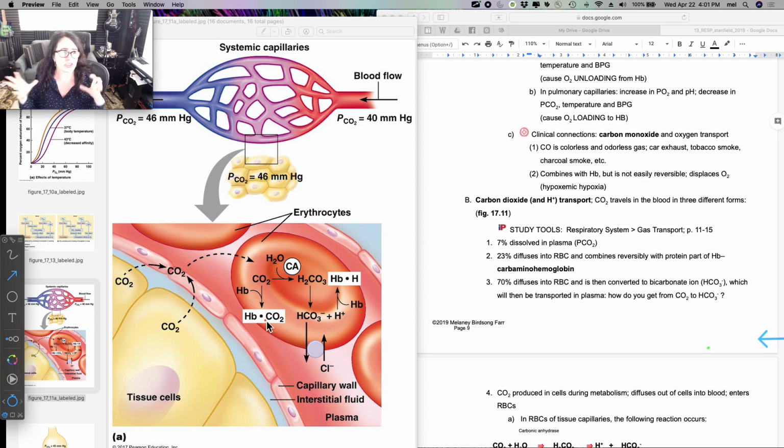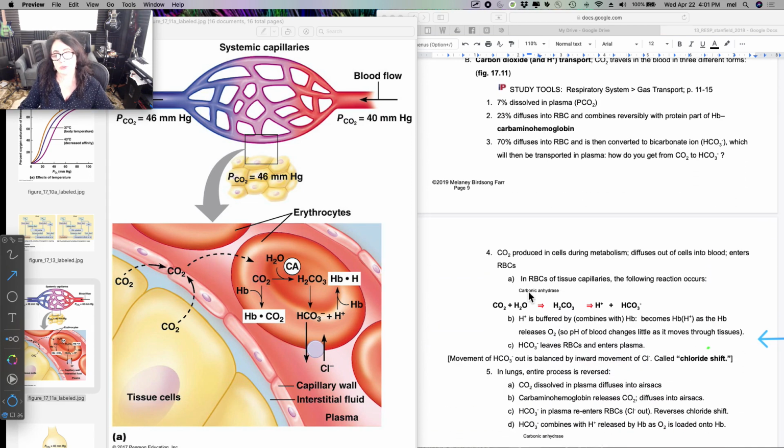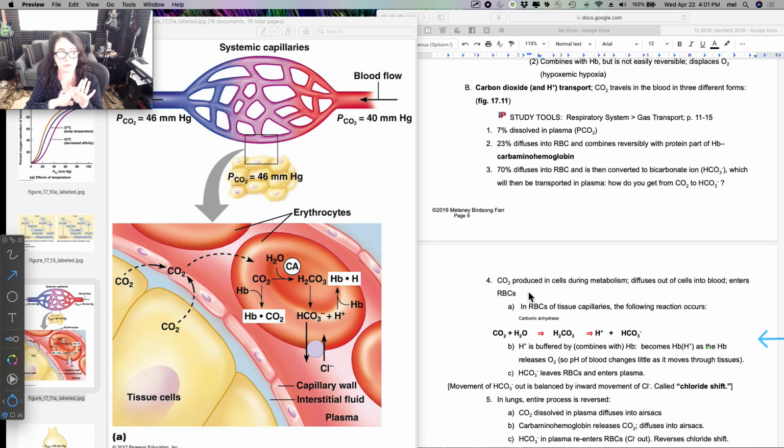And so it doesn't change the color of the blood or anything, and you can carry it simultaneously when you're carrying oxygen because it's not sitting on the same seat. But 70% of carbon dioxide diffuses into the red blood cell, and then the red blood cell forces a chemical reaction that you've learned before so that you can carry boatloads of carbon dioxide with really, really minor changes in pH.